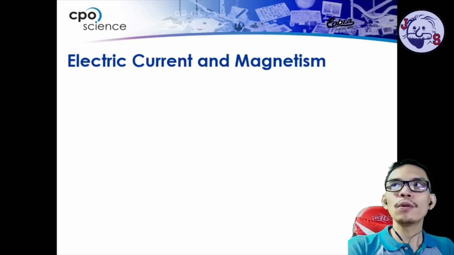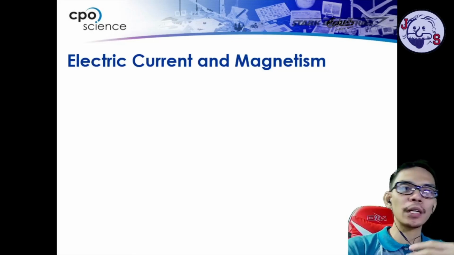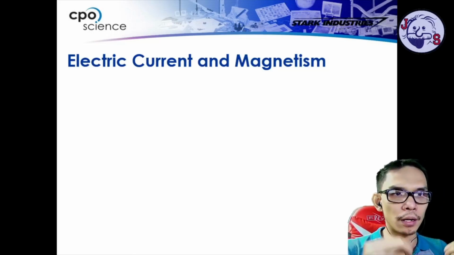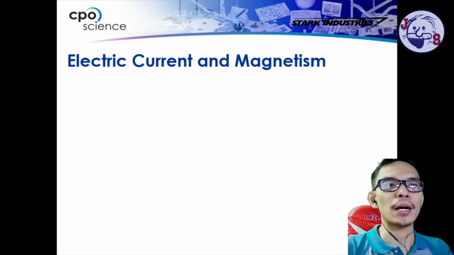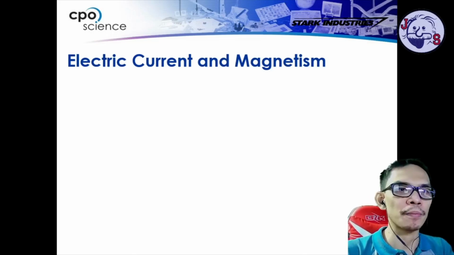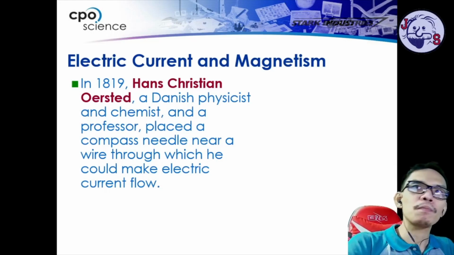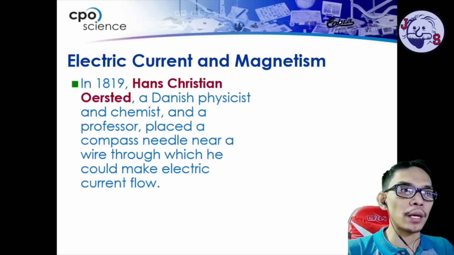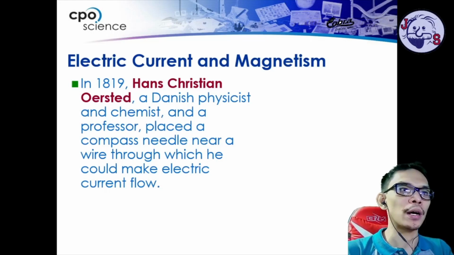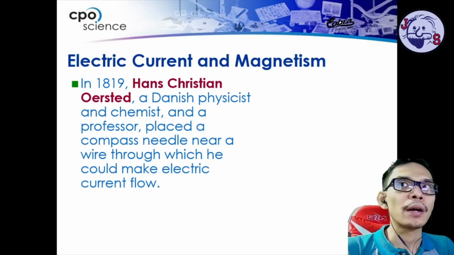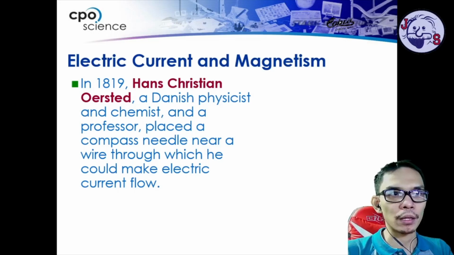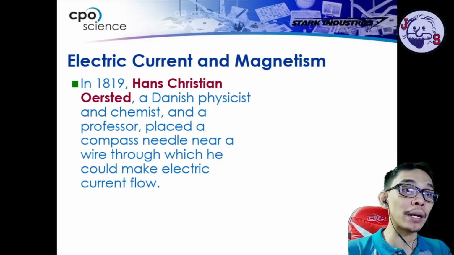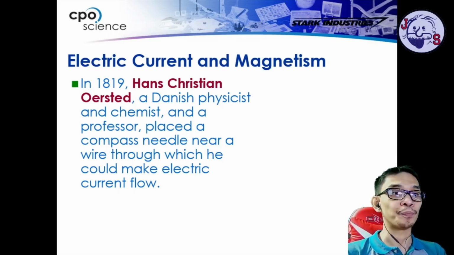On this particular part, we will now dive deeper into what magnetism is all about. In 1819, there was a Danish physicist called Hans Christian Ørsted. He wanted to know in his experiment whether electricity and magnetism are related to each other.